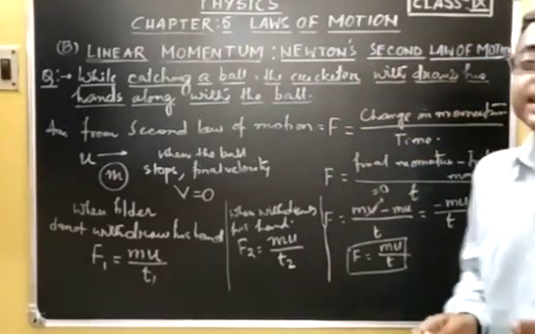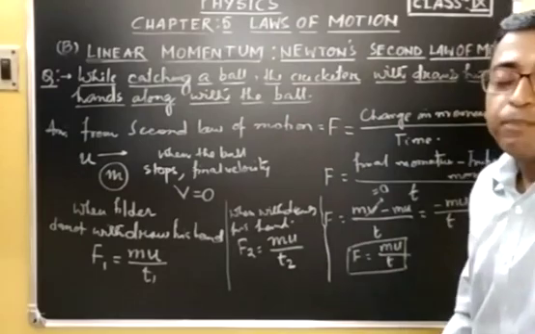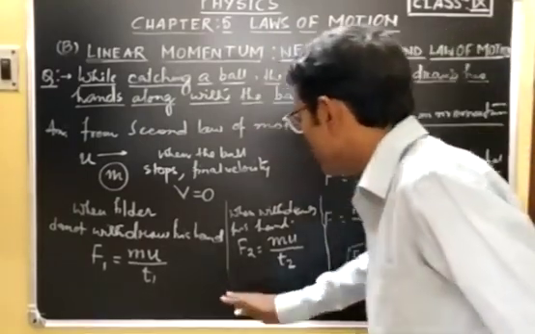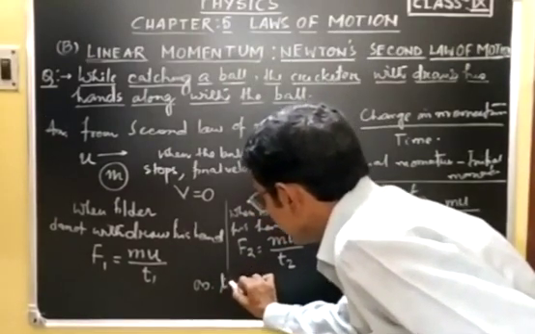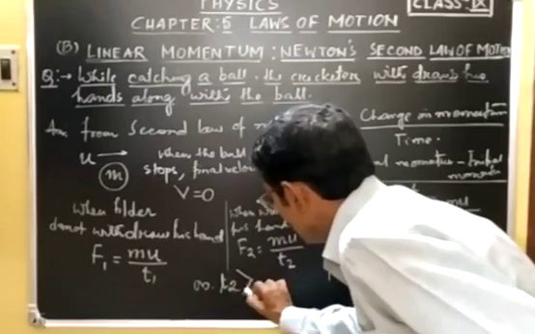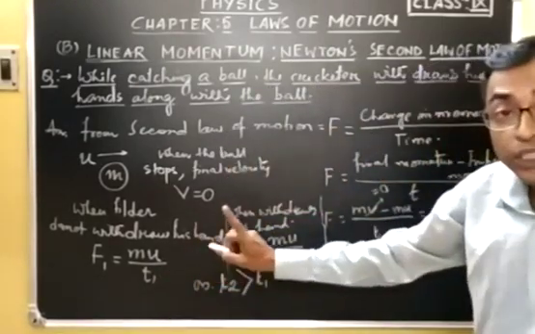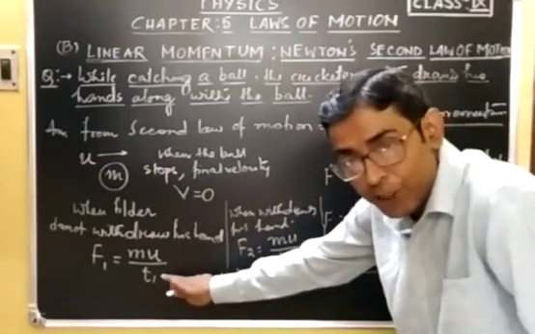Now, when he withdraws his hand, that is pulls his hand backward, t2 will be greater than t1. I can write the answer like this in numerical form: t2 is greater than t1, because without withdrawing the hand he stops the ball suddenly, so t1 is very small.